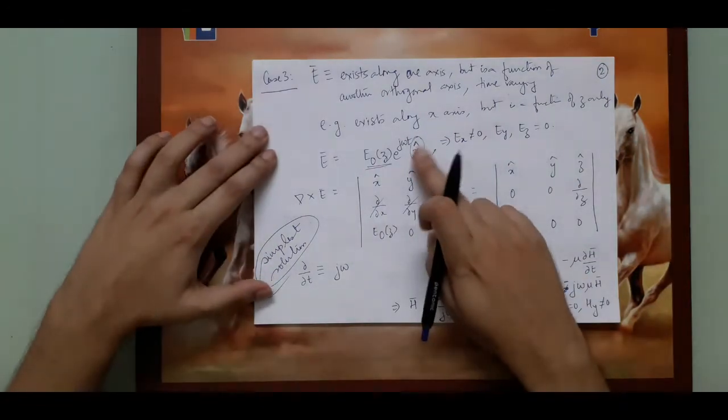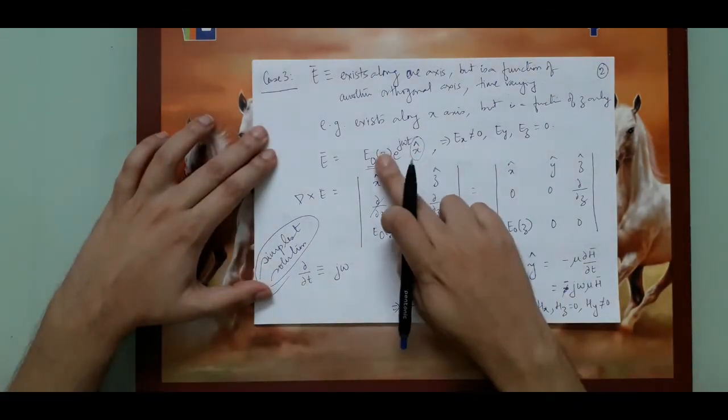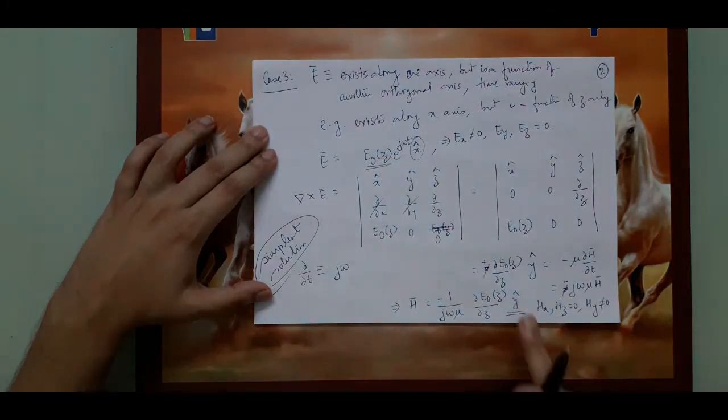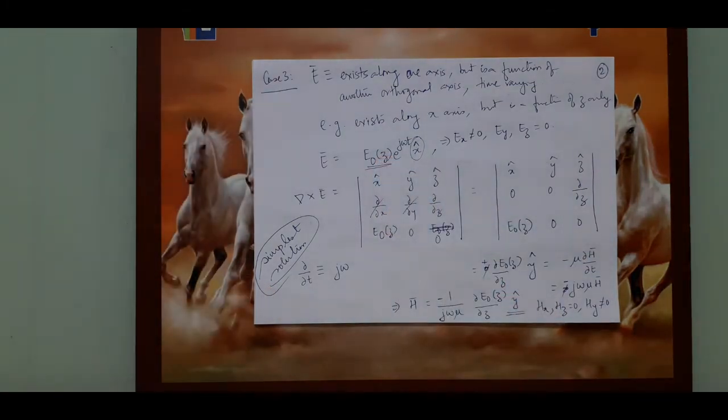So even if E were a function of y and varying along x, you would see that H would be varying along z. So that's the beauty of this field behavior. So what the electric and magnetic fields essentially you can see are in some sense orthogonal.